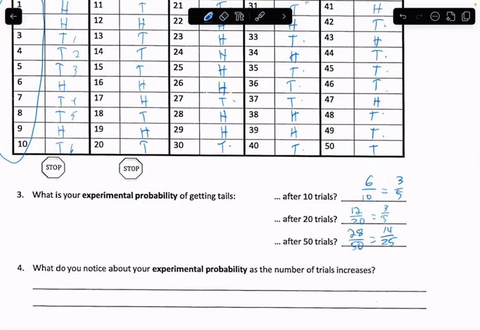Just to put these into percentages, after 10 trials, mine was 60% of getting tails. After 20 trials, I got a 60% chance of getting tails. Here I can multiply each of these by 4 because percents are out of 100. So I'd have 100 there, and 14 times 4 gives 56. So my percentage of getting tails after 50 trials ends up being 56%.